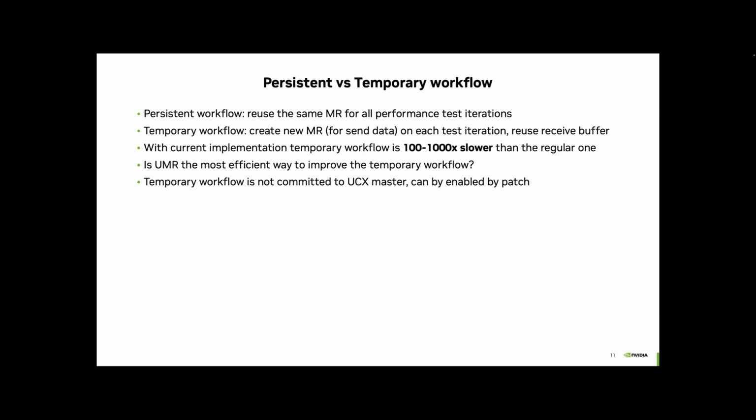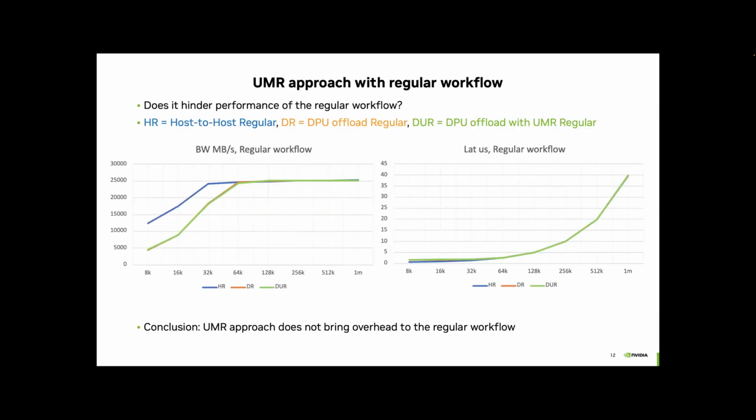Yeah, and probably UMR is not the only way we can improve this workflow if there is such a goal. Currently, this temporary workflow is not committed to UCX master. It can only be enabled by applying some patch. So if you want to test it, just ask myself.